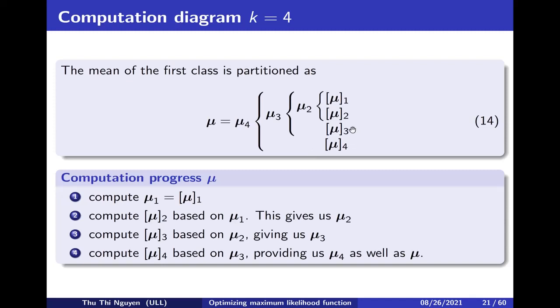Next we will estimate mu bracket 3 based on mu 2, and this will give us mu 3. And finally we compute mu bracket 4 based on mu 3, and this provides mu 4, and that is also equal to mu.